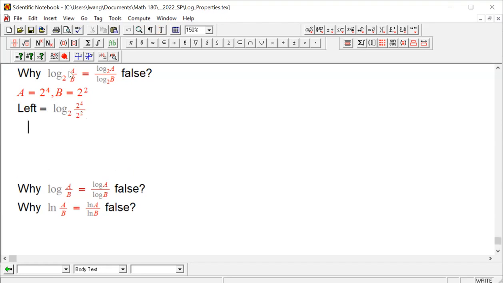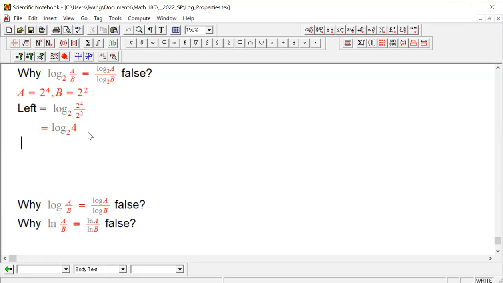We do order of operations, so we need to do the quotient first, right? The top is 16, the bottom is 4. 16 divided by 4 is 4. So in the end, we're going to get 2, right? Log base 2 of 4 is 2 because 2 squared is 4.